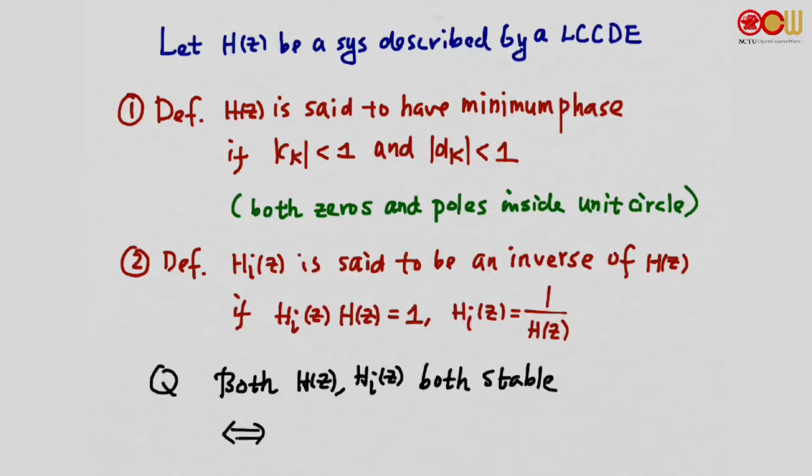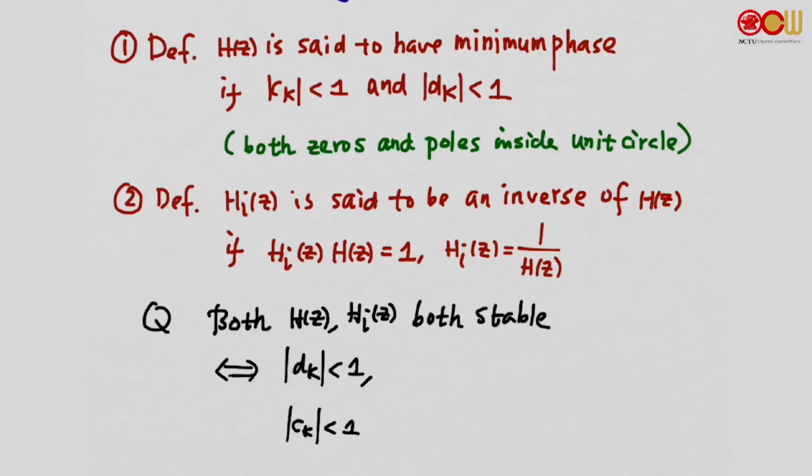So if both of them are stable, that could mean only one thing: the ck and dk should be inside the unit circle, and the zeros are also inside the unit circle. Here k is from 1 to N, and there k is from 1 to M.